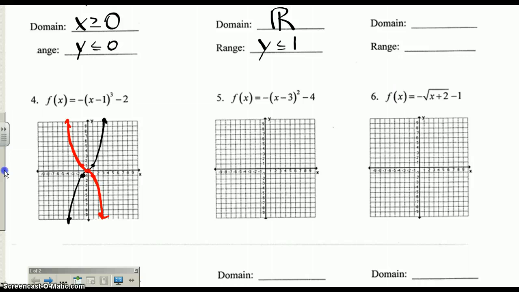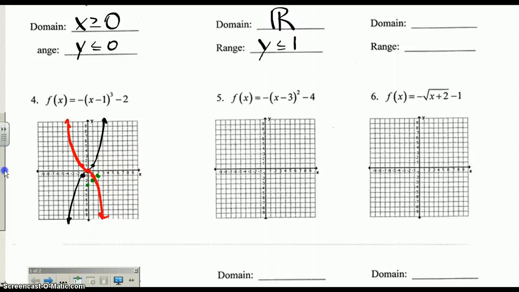And now I'm going to take that graph with my vertical and horizontal shift. So each point, 0, 0, I'm going to move to the right 1 and down 2. So there's my 0, 0 being moved to 1, negative 2. And I'm going to do that for each point. Okay, the right 1, down 2. The right 1 and down 2. And now I'm going to connect those dots.